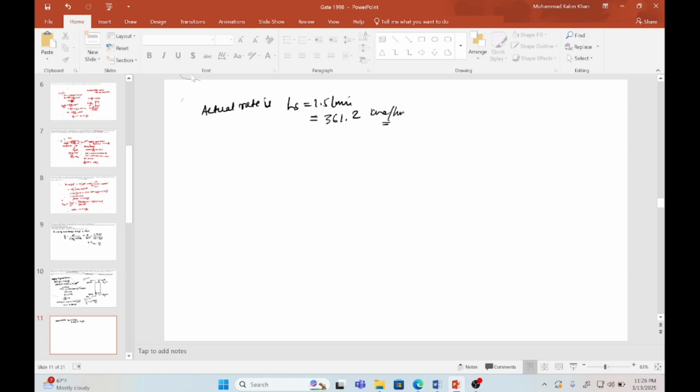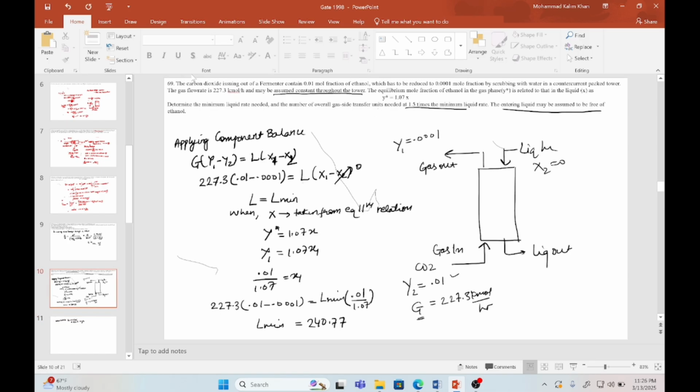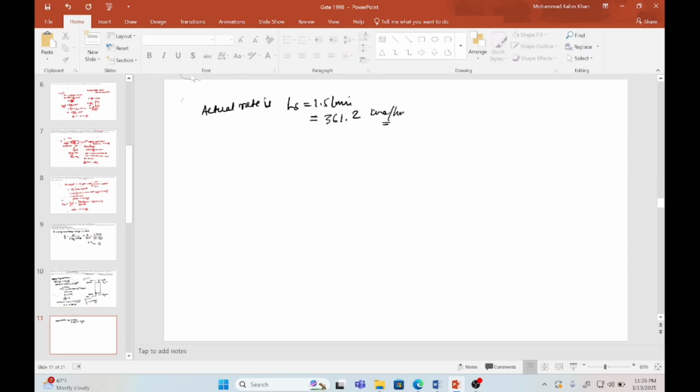Now what it is asking is the number of overall gas side transfer units. Very first we will see the absorption factor, which is Ls upon Gs upon m.